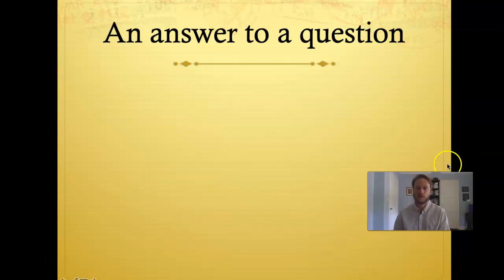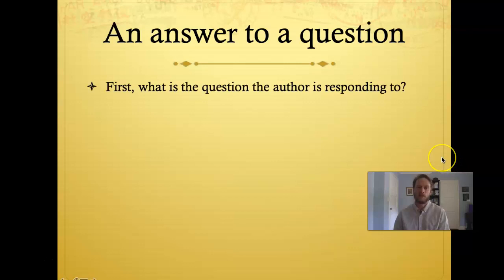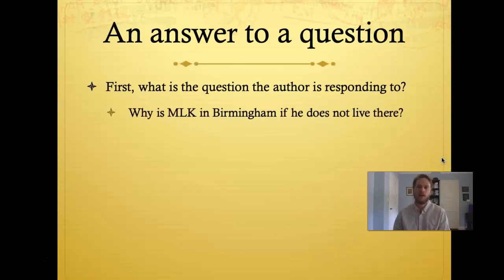So let's look at some of these in greater detail. A thesis can be an answer to a question. So first, what is the question the author is responding to? Well, in Letter from Birmingham Jail, one question is, why is Martin Luther King in Birmingham if he does not live there? So a thesis can be the answer to that question.